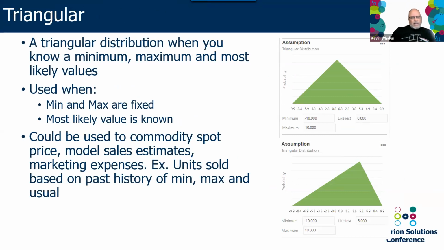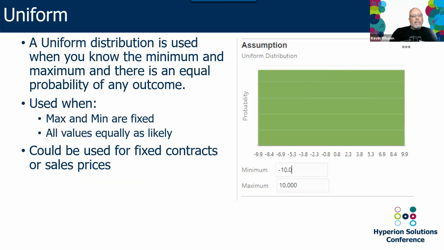I might have sales estimates or marketing expenses, something where I know our machine can only build this many, so it can never be more than this. And I know it can't be less than this because it wouldn't be worth keeping the machine. But most likely we're going to have this many in terms of volume. So it's a nice way of looking at those kinds of pieces.